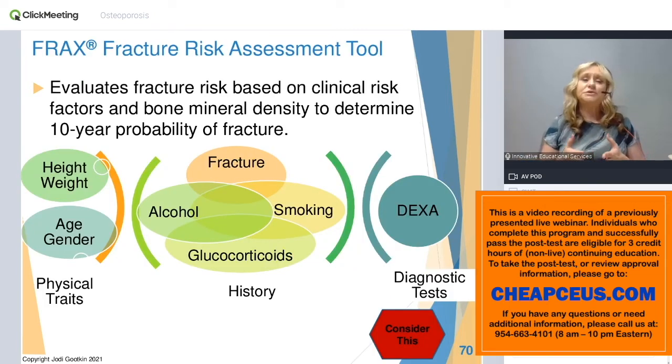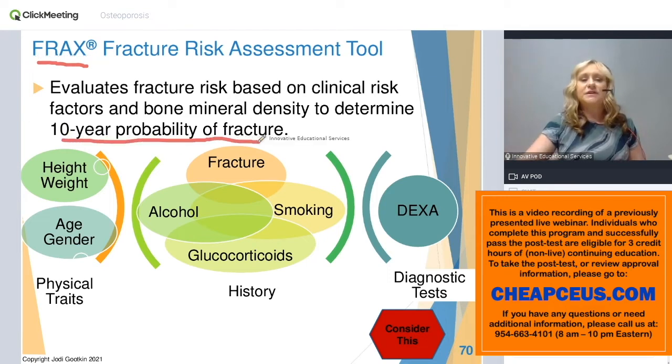Specific to individuals who have osteoporosis, the fracture risk assessment tool is what will provide the most information, specifically looking at that next 10-year block of time and their probability of fractures in the next 10 years, to help direct the appropriate interventions to minimize that risk.